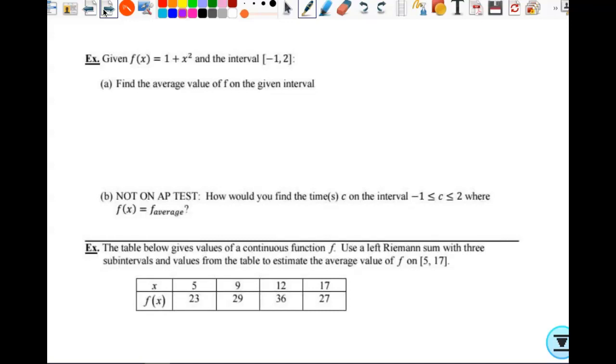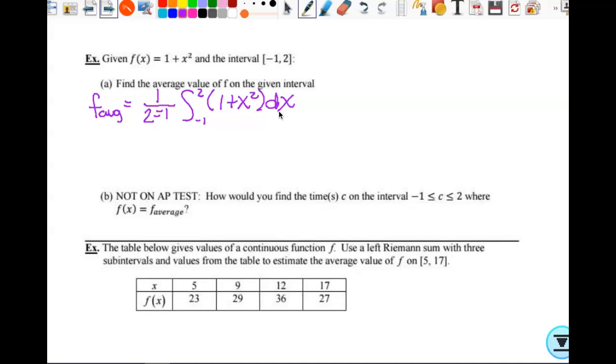So this says to find the average value of f on the given interval. Our average value of f is equal to 1 over the difference in the interval, so 2 minus -1, times the integral from -1 to 2 of 1 plus x squared dx.